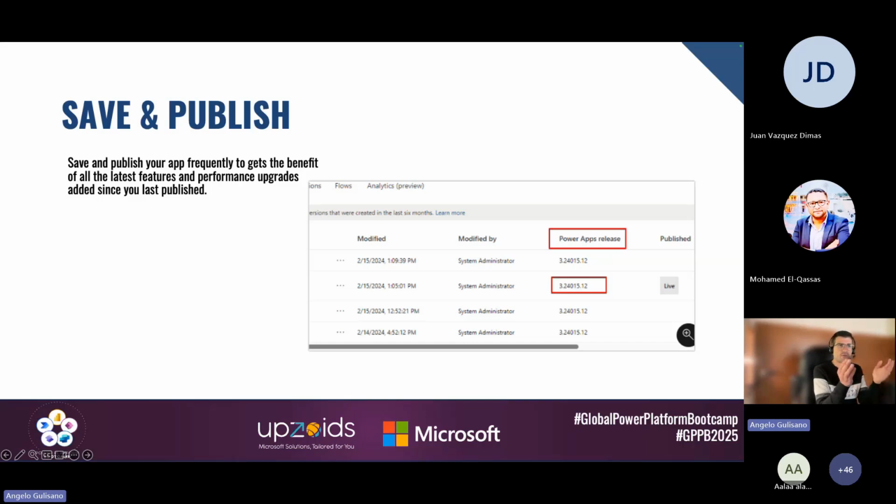So you can get the benefit of the latest features and performance upgrades added since your last publish. Pay attention, because if you haven't published an app for several months, you may see an immediate performance benefit when you republish your application. I think this is an oldie but goodie tip from my point of view.